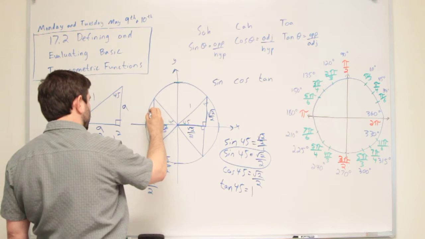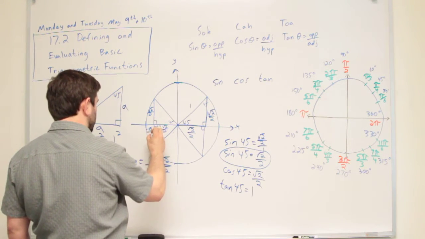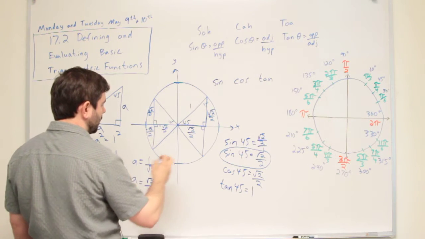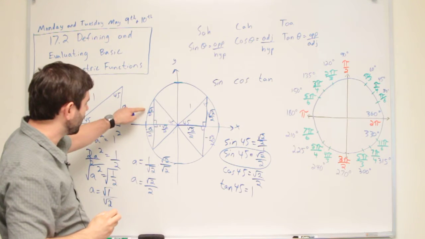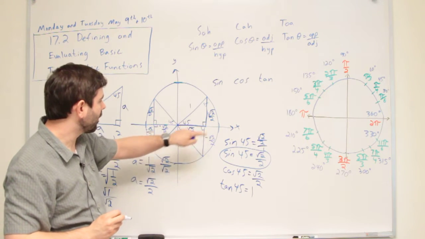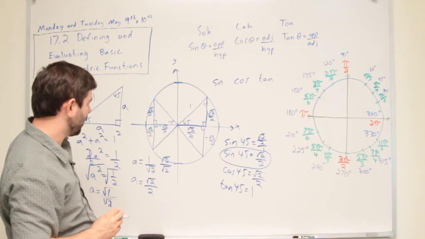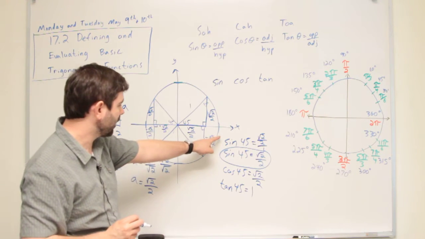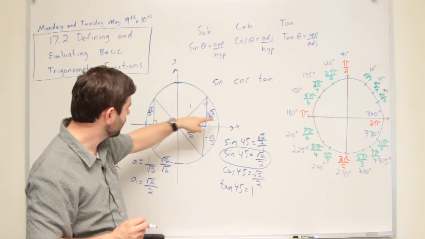This will be positive root 2 over 2, negative root 2 over 2. And this will be a negative root 2 over 2. So these negative and positive signs come into play when we figure out our sine, cosine of the angles. In this case, they were all positive because they were in quadrant 1.